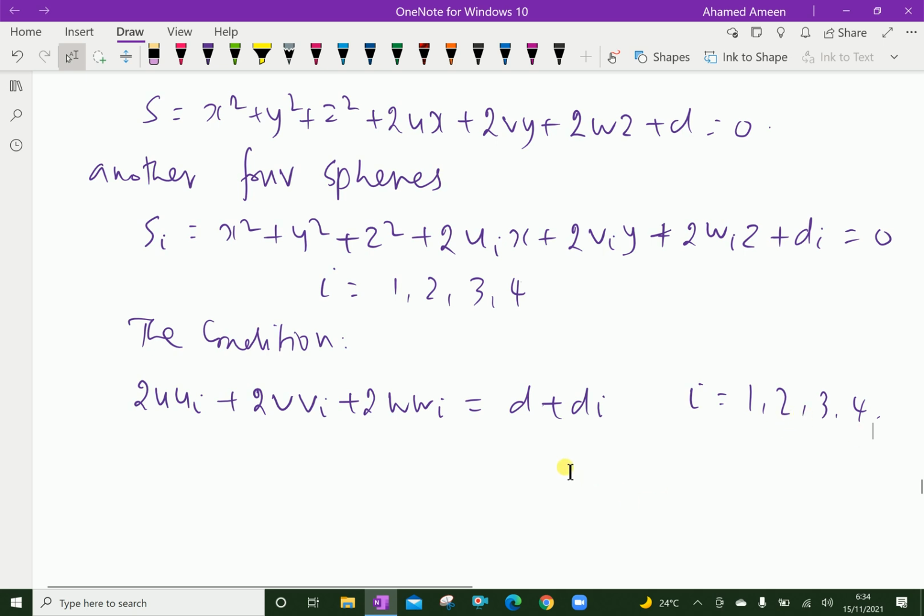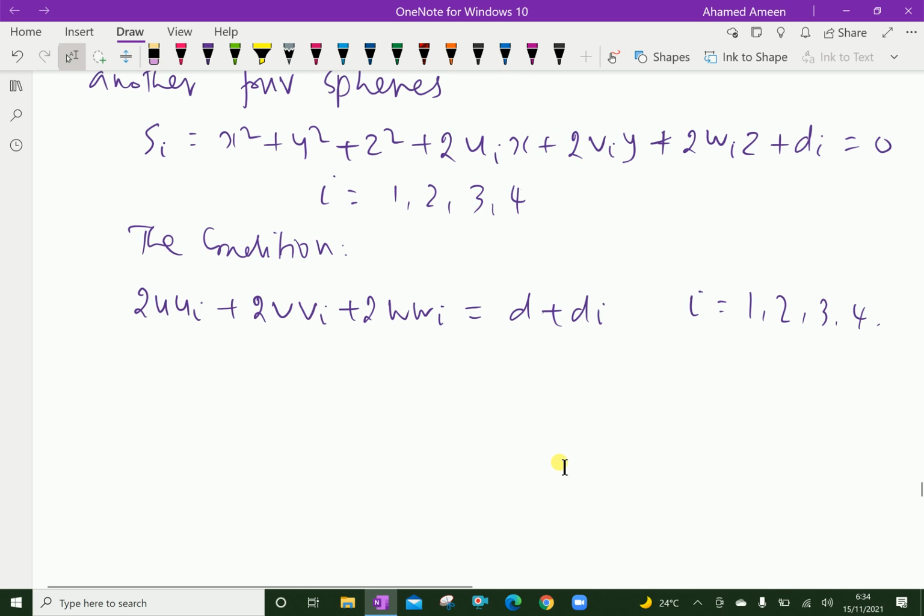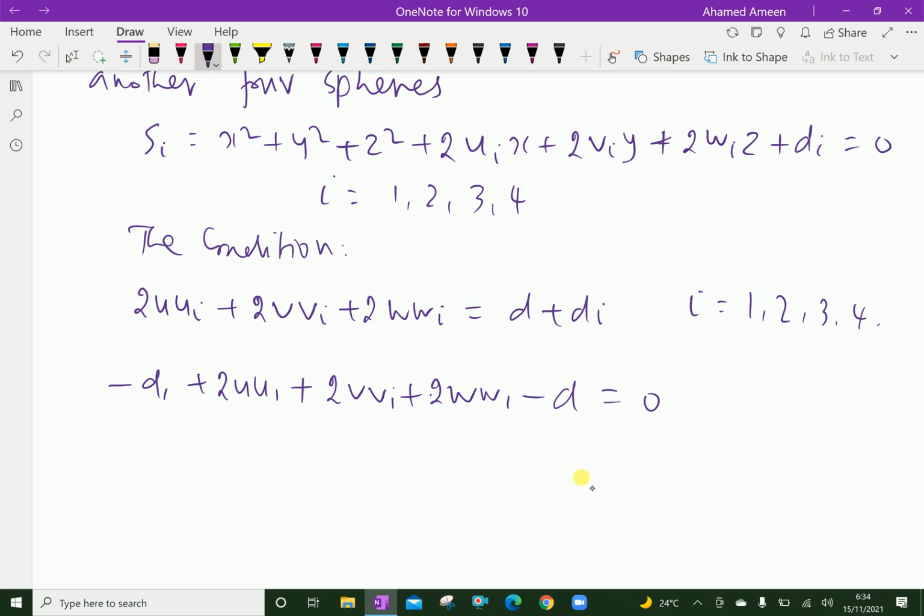Now we'll write these conditions for each and every sphere, that is, minus d1 plus 2u u1 plus 2v v1 plus 2w w1 minus d equal to 0. This is equation 1, that means we are substituting i as 1, the condition for the two spheres to cut orthogonally.